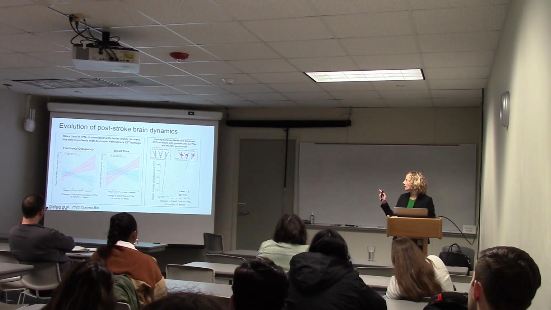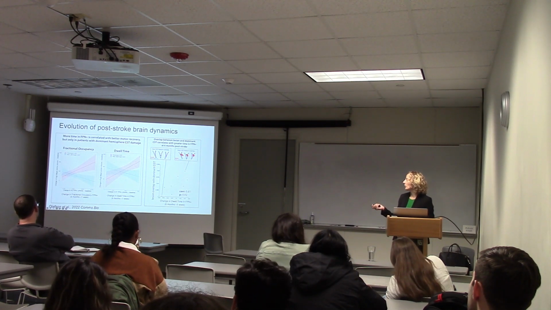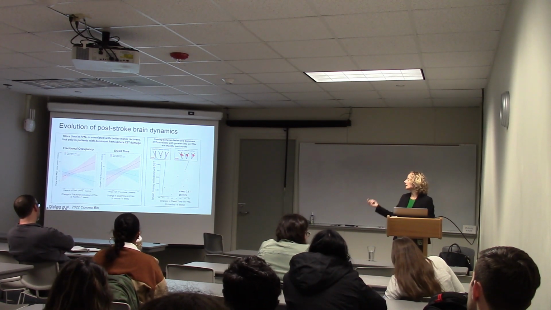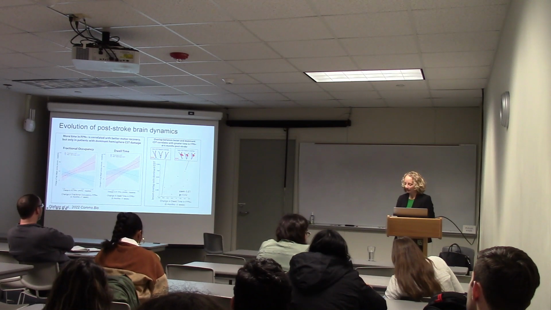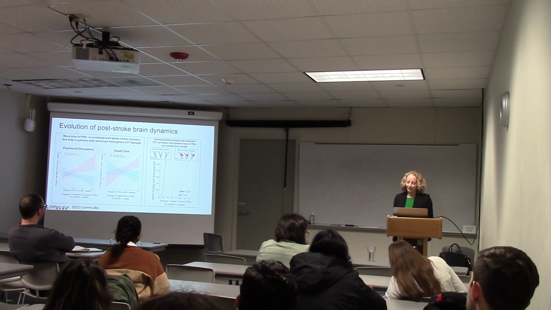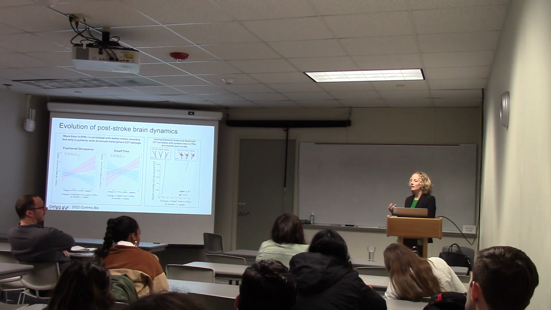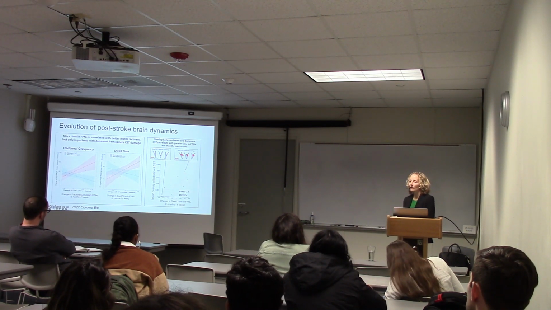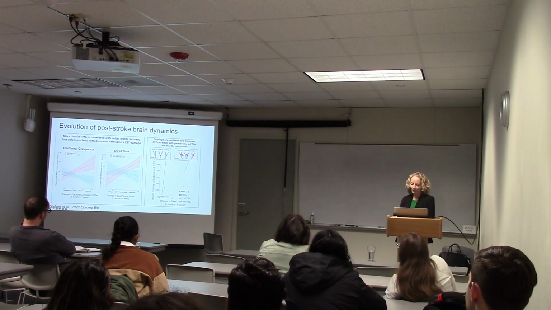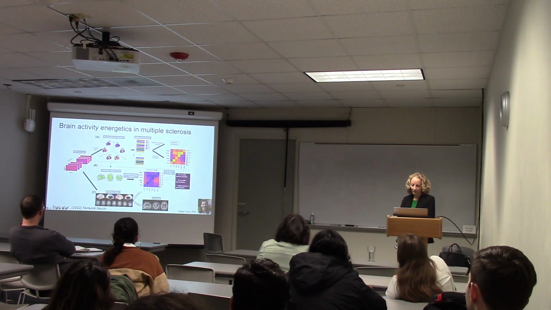So the more there was an overlap with the CST, the more time was spent, increasingly over time, in that FPN state. So we think that this could be used in the context of non-invasive brain stimulation, which could support activation of this FPN network in people who had dominant CST damage.